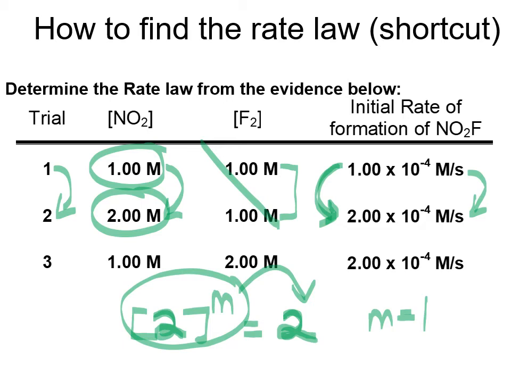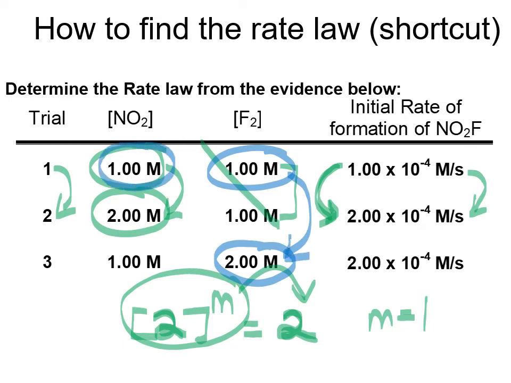We can do the same thing for F2. Let's look at 2 trials where F2 is changing. So let's look at trial 1 and trial 3. F2 is doubling, but NO2 is doing nothing. So any change in the rate would not be due to NO2. It must be completely because of the change in F2, because it's the only thing that's changing.